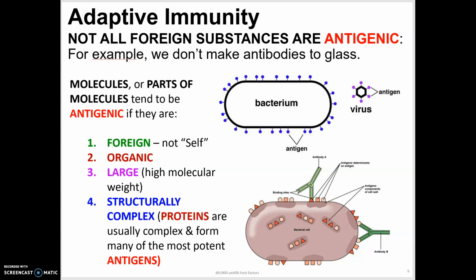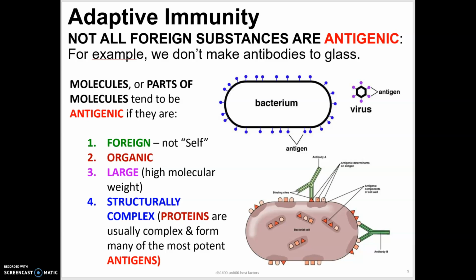Now, like I was saying earlier, not all foreign substances are antigenic. So not everything that gets introduced in our body is going to be an antigen that's going to cause an immune response. For example, if you break a glass and you try to clean it up and you accidentally cut yourself and there's a little tiny piece of glass sticking out of your finger, our body's not going to recognize that as an antigen.